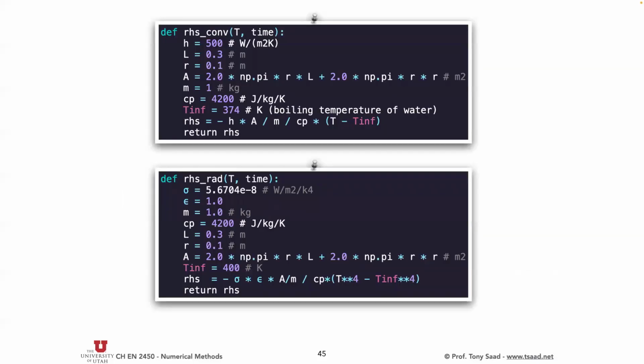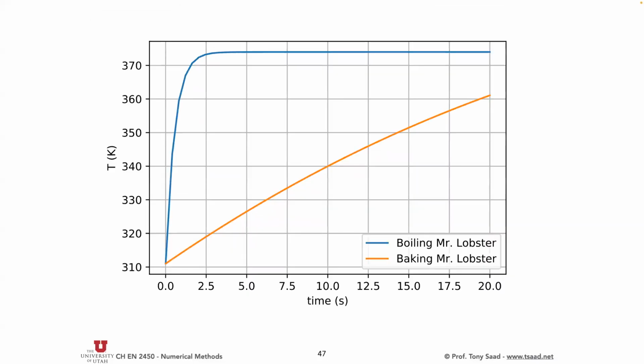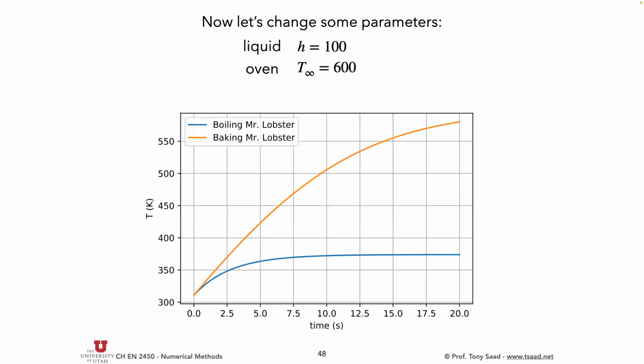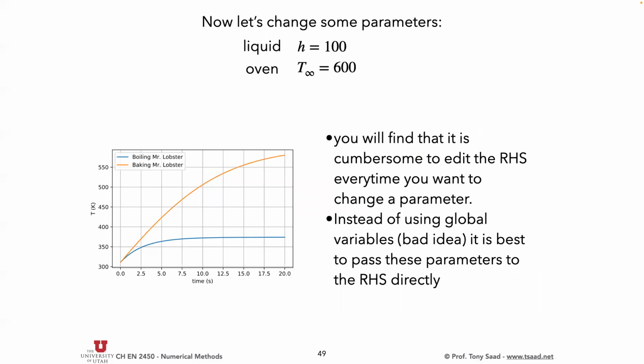Okay, so the next couple of slides show you the example, how you implement this, etc. A couple of results, okay? And the statement that you'll find: it's cumbersome to edit the right-hand side every time you want to change a parameter. Now, we could have used global variables like we did to declare the length and the mass, etc. of the lobster, but that's usually a bad idea. I do it in class because the problems are small in scope, and they're just to demonstrate something.